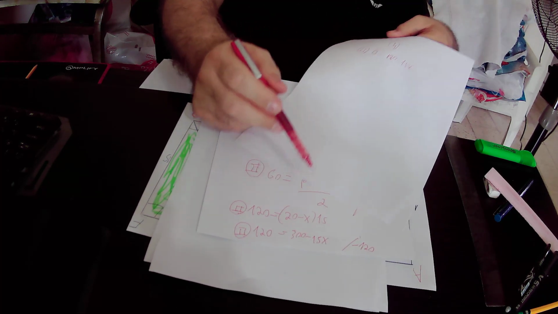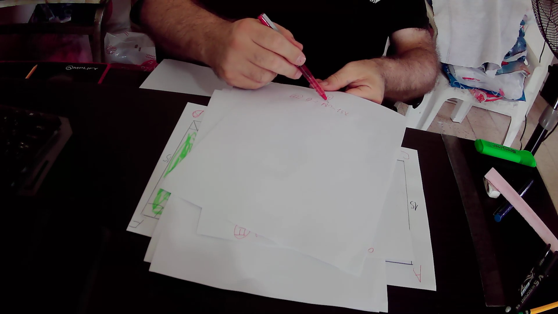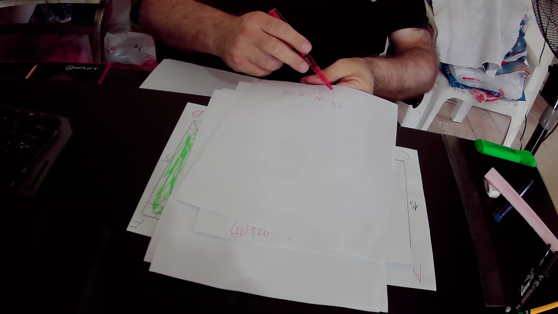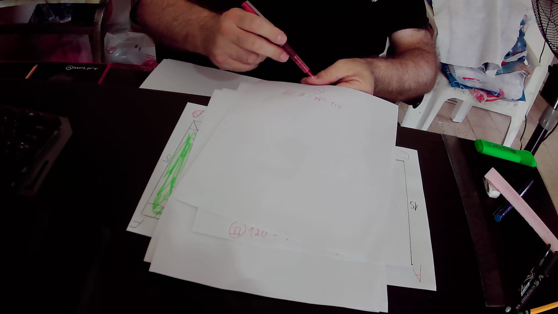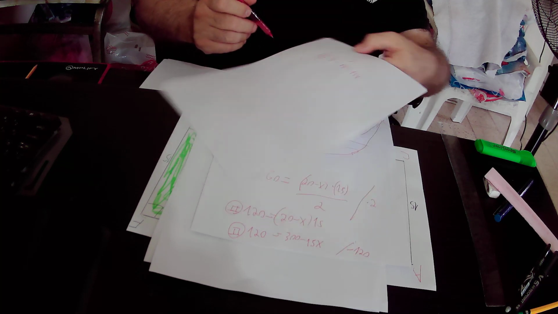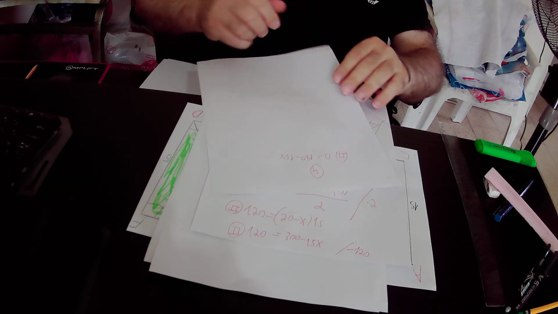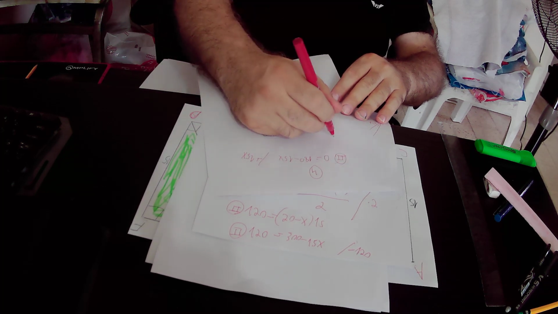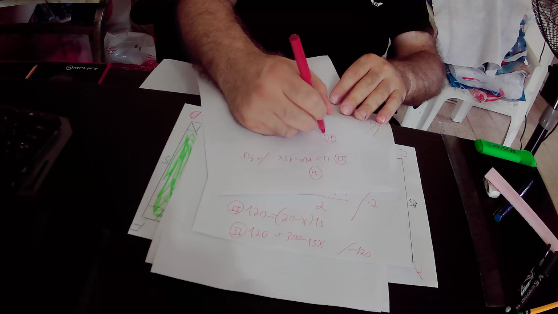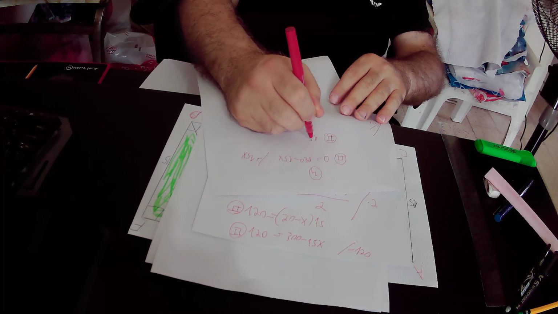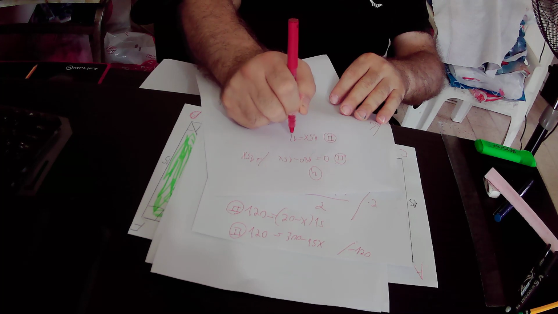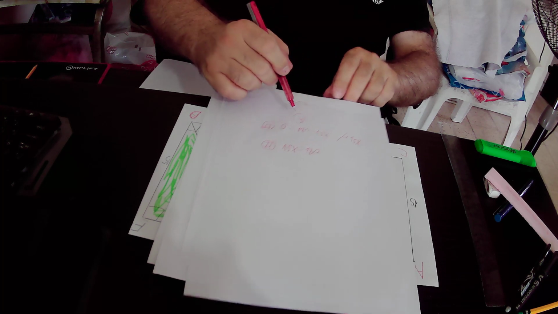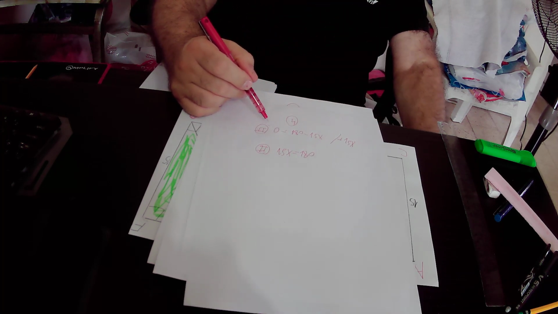So in total we got that 0 equals 180 minus 15x. Now we will add 15x to this equation.